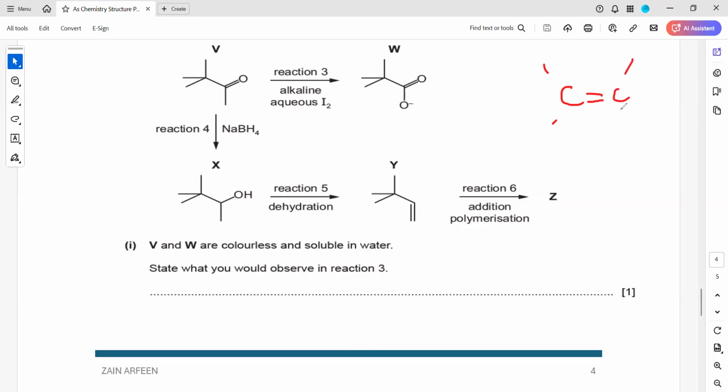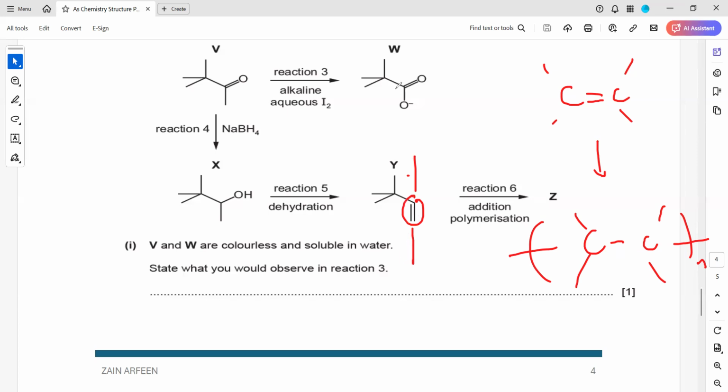And like this is a monomer. If I want to draw a polymer, I'll just simply break the double bond, link them together and put a bracket at the end. That will be a polymer. Why did I flip this? So that I will have the carbon, because I want to make a polymer in the horizontal plane. Otherwise, I have to draw the polymer in the vertical plane. I can draw that as well, but usually we draw in a horizontal plane.